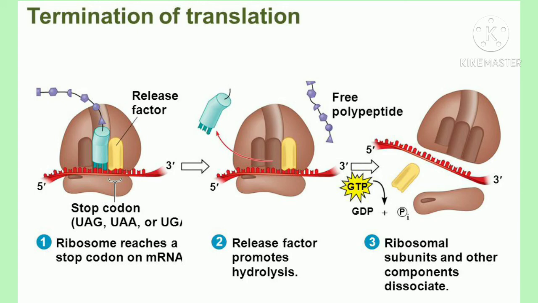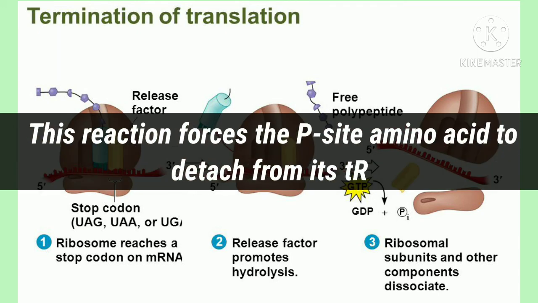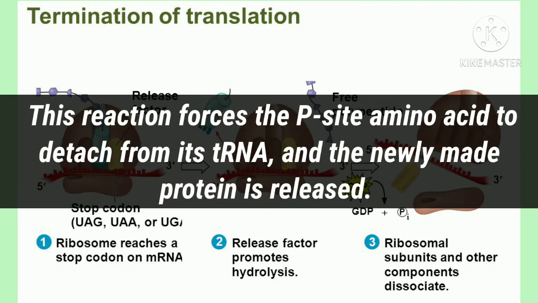Upon aligning with the A site, these nonsense codons are recognized by release factors in prokaryotes and eukaryotes that instruct peptidyl transferase to add a water molecule to the carboxyl end of the P site amino acid. This reaction forces the P site amino acid to detach from its tRNA, and the newly made protein is released.